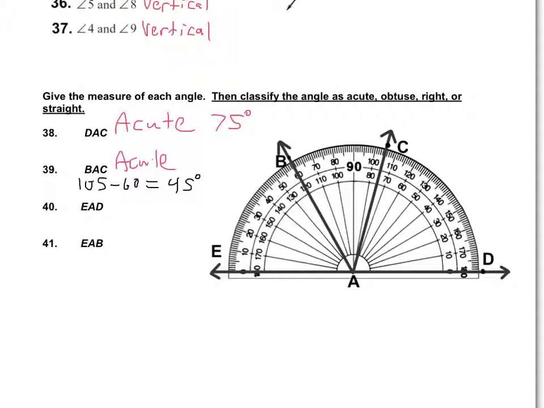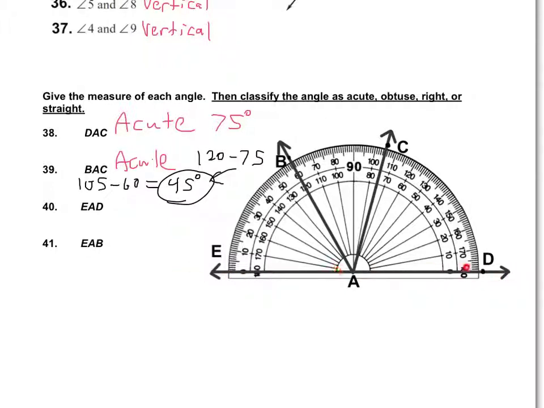Or you could look at the lower scale. You have 120 and 75. And if you did it that way, you should get the same answer also. 120 minus 75, that's also 45 degrees. Okay, on to EAD. EAD, let's see where that is.